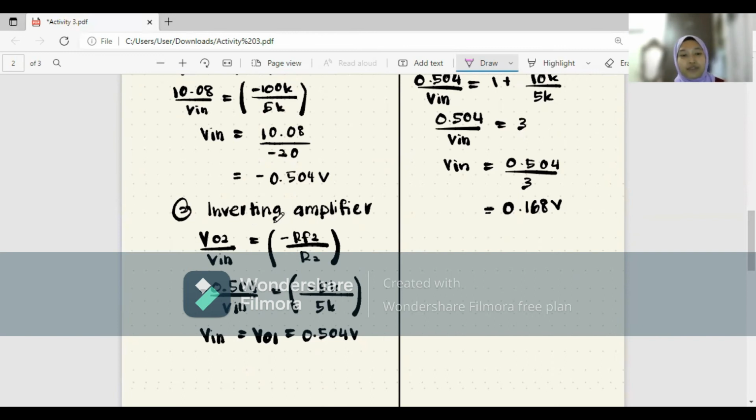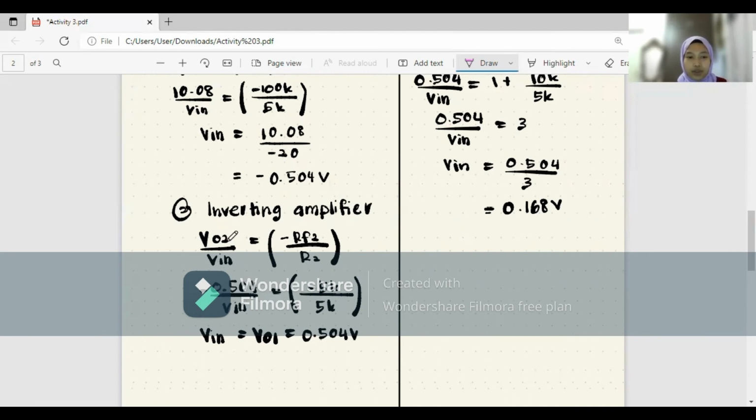The second amplifier is also an inverting amplifier, so we still use the same formula, which is V output. Since this is for the second amplifier, it's V output 2 over V input equals negative RF2 over R2. So we already know that the V input for the third amplifier is actually the V output for the second amplifier.